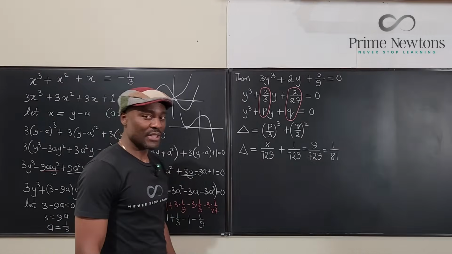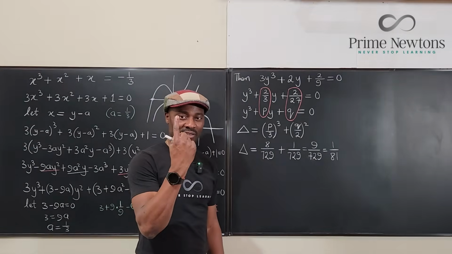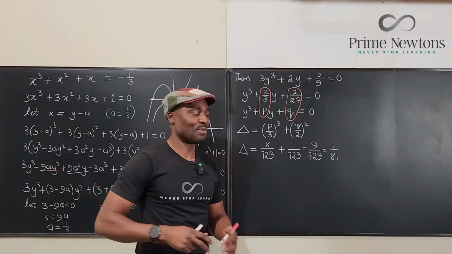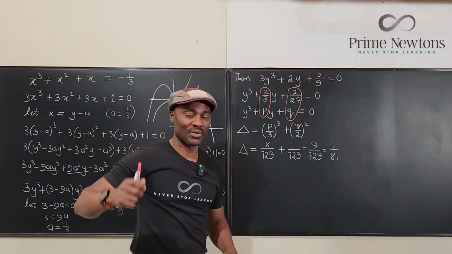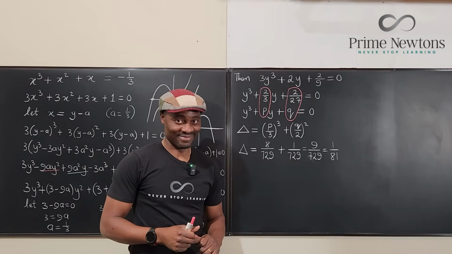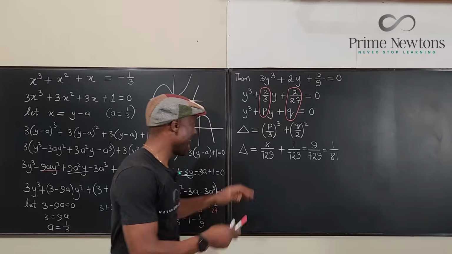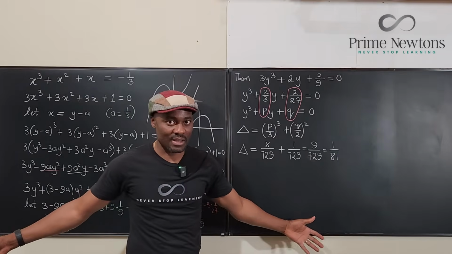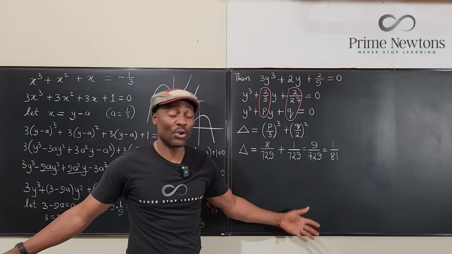Or you might just have one answer 3 times, like if somebody gave you x plus 1 cubed, so you get only one answer. But here we have only one real solution and 2 imaginary or complex solutions.